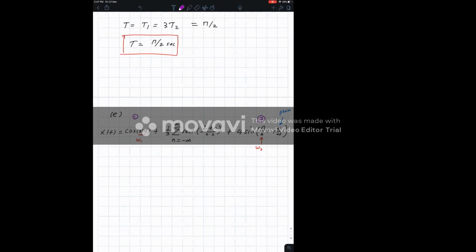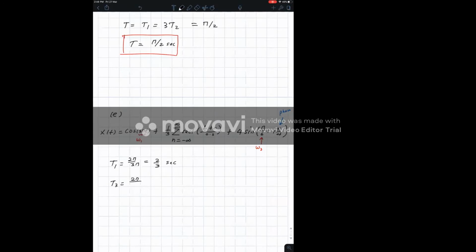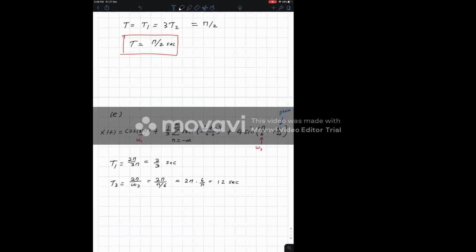Then T3, what's the period here? 2 pi multiplied by 6 over pi, right? So that's going to be 12 seconds. So T3 is 12 seconds. T1 is 2 over 3 seconds.